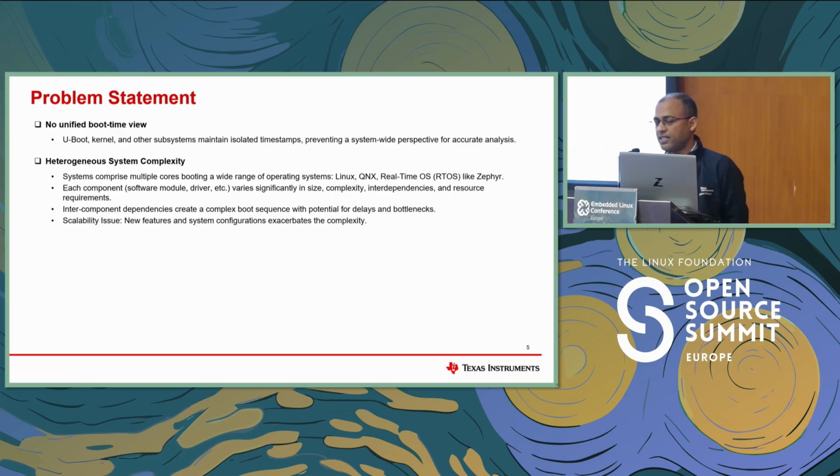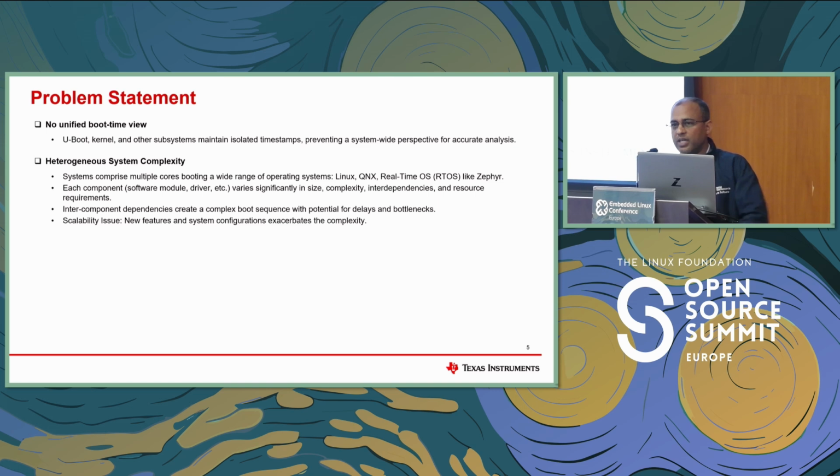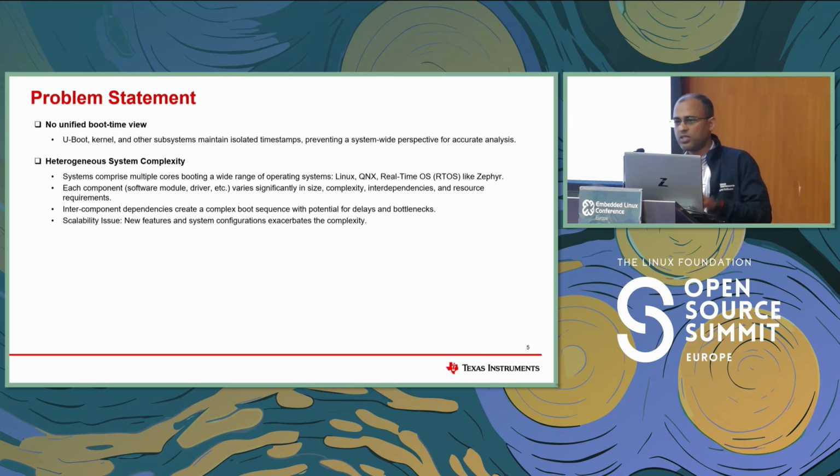The second thing, as I said, is heterogeneous system complexity, where each core runs a different operating system: Linux is running, then QNX, and some RTOS like Zephyr or FreeRTOS. Each component, such as an MCU or another core, has its own software modules and drivers, with significant size, complexity, interdependencies, and resource requirements.